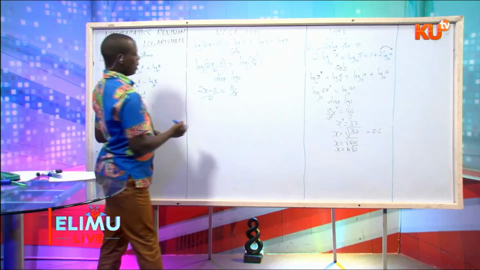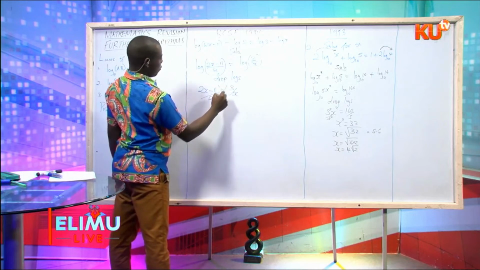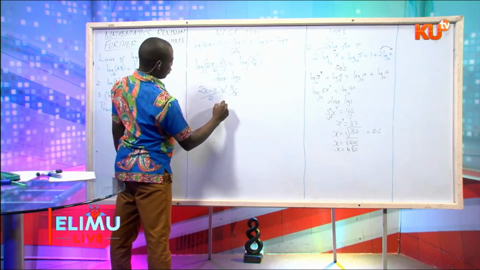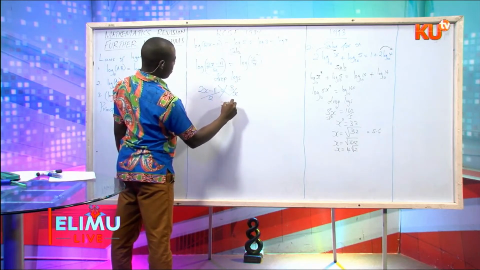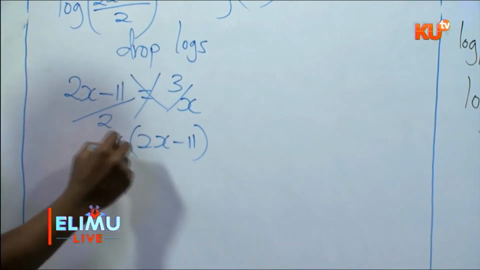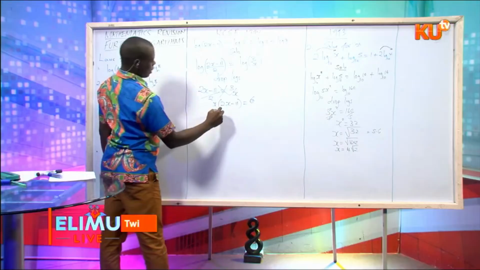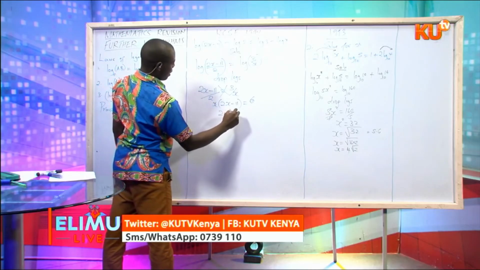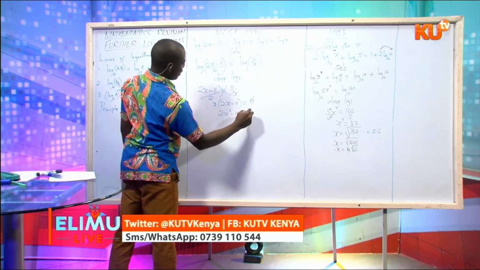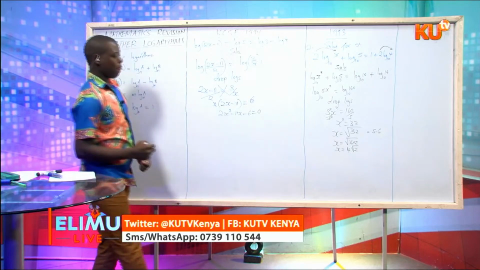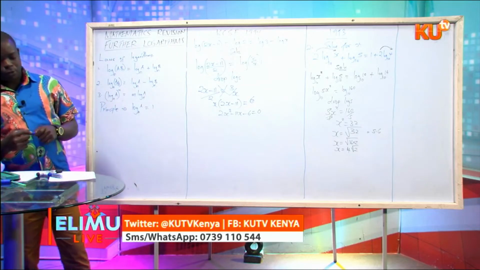Do the cross multiplication, and so we'll obtain (2x minus 11) times x equal to 6. This gives us 2x squared minus 11x minus 6 is equal to 0.